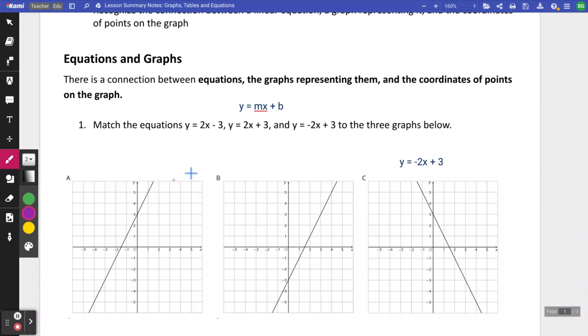The difference between these two equations is that y-intercept, which remember is what b represents. My first equation has a y-intercept at negative 3. My second equation has a y-intercept at positive 3.